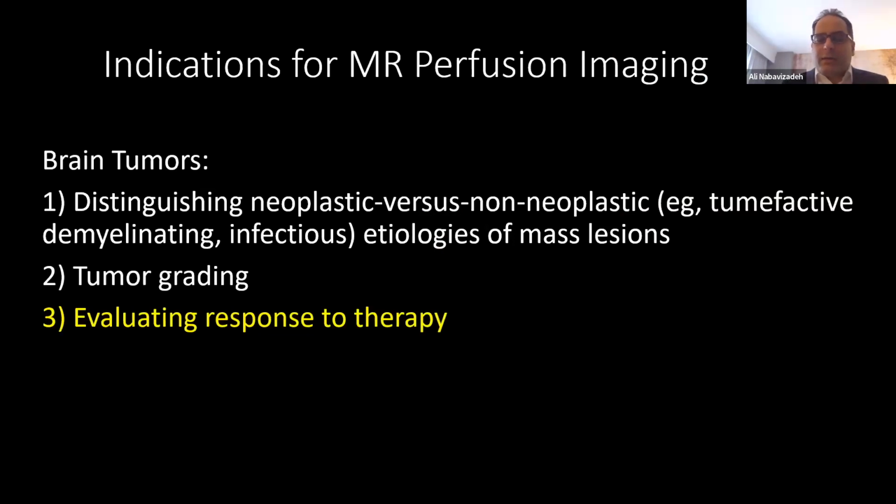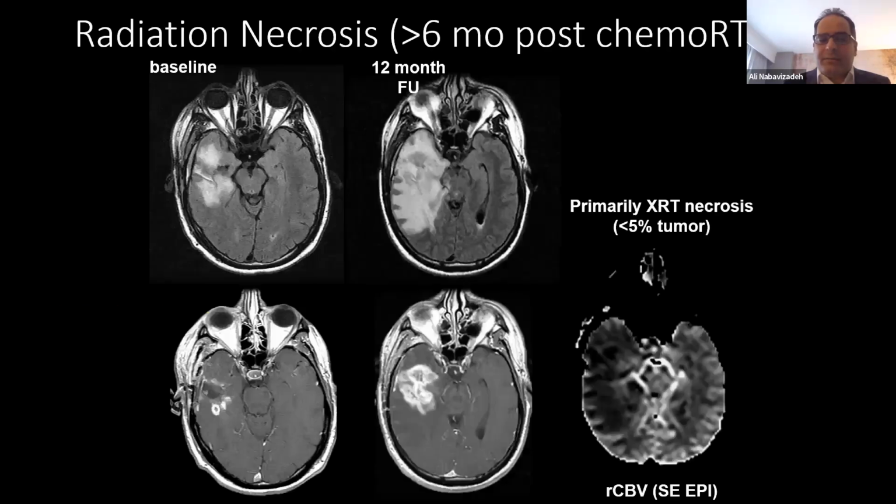Finally, I'm going to focus on the indication of MR perfusion imaging for evaluating response to therapy, and also the distinction of progression from pseudoprogression. Radiation necrosis is something that usually happens 6 months or more after treatment, and in those cases perfusion is very helpful.